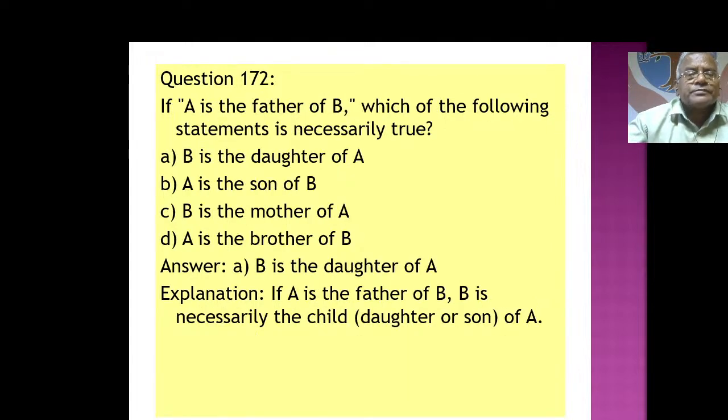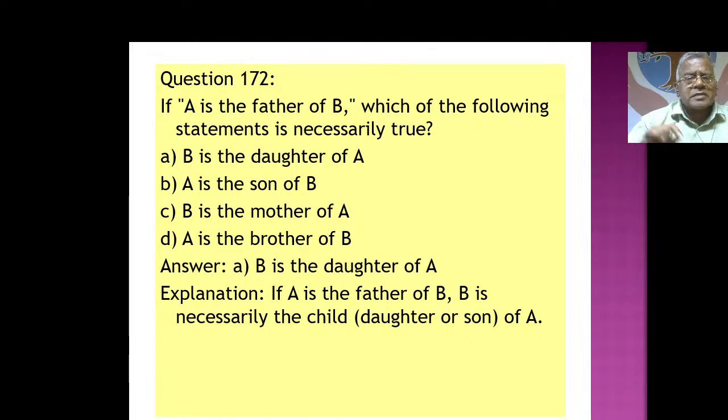That is C. If A is the father of B, which of the following statements is necessarily true? If A is the father of B, then B is the daughter of A. Is it A is the son of B? Not possible. Is it B is the mother of A? Not possible. If A is the brother of B, not possible.